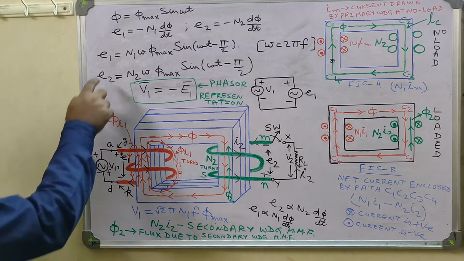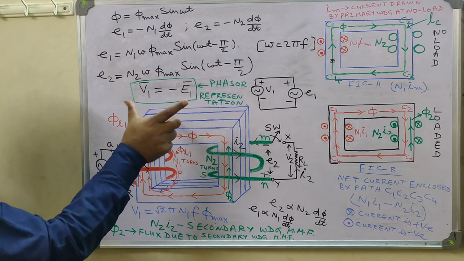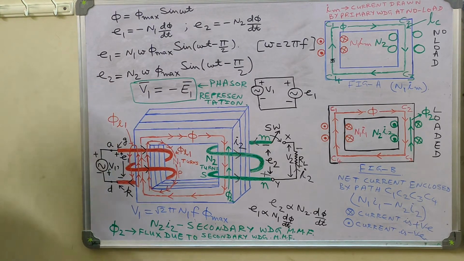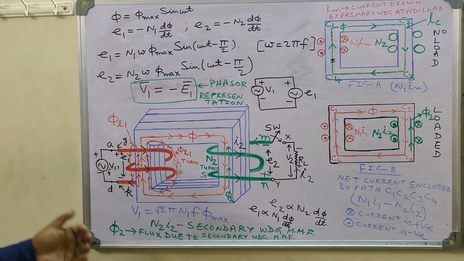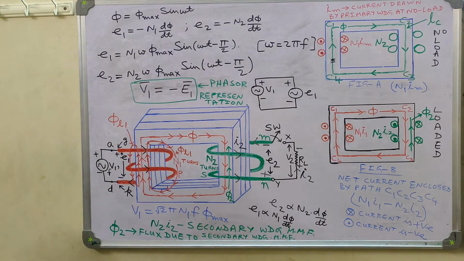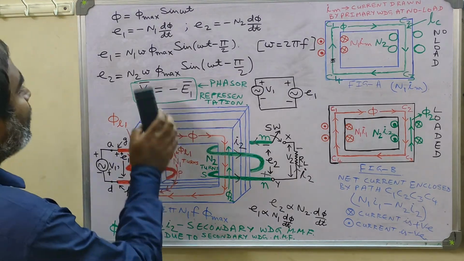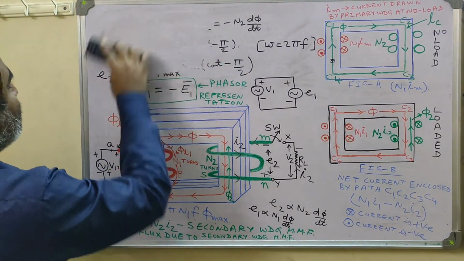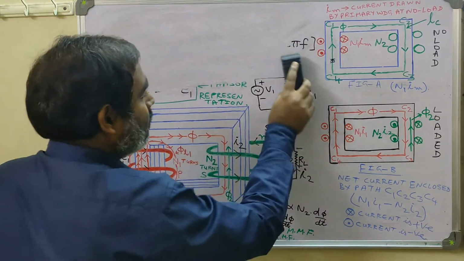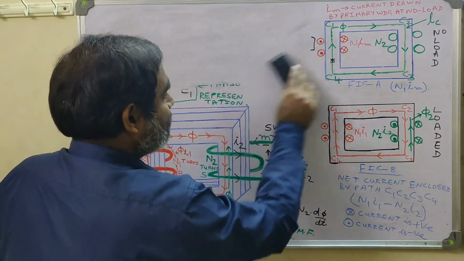So whether E1 or E2 is larger will be decided by the number of turns. Whichever winding has more turns, the RMS value of the induced EMF will also be larger. Now let us begin with the phasor diagram, and while drawing this we may write these expressions somewhere so that they can serve as a ready reference.